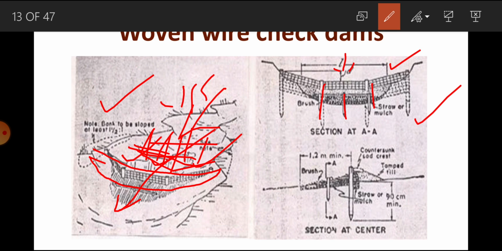And this is another view, side view. Here you can place some fine particles of straw, and this is called your apron. Okay, so this is a kind of woven wire check dam.